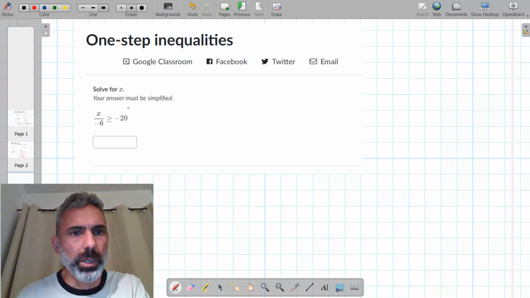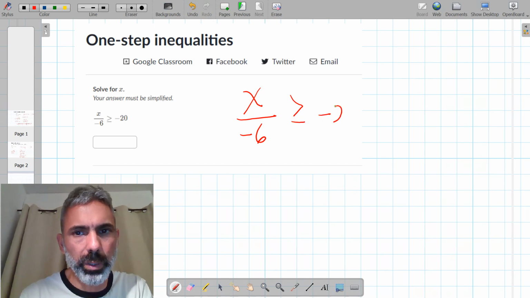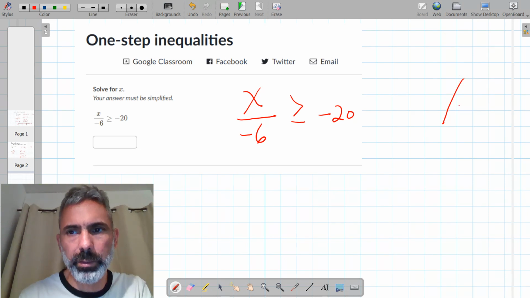Solve for x. Your answer must be simplified. Okay, so the inequality says x over minus 6 is greater than or equal to minus 20. So to isolate the x, here we need to multiply by negative 6.